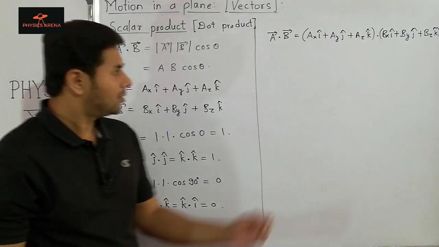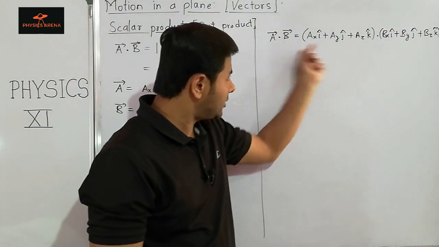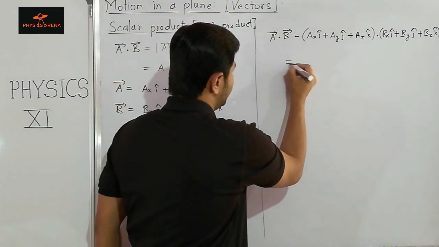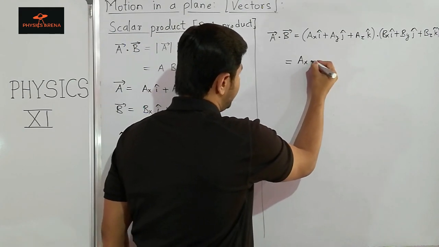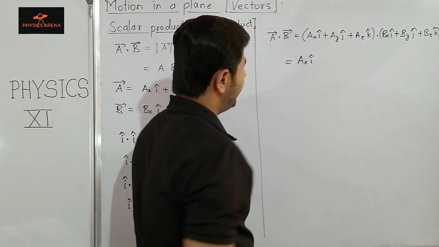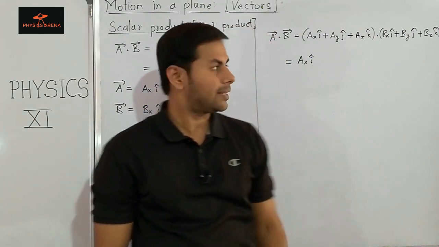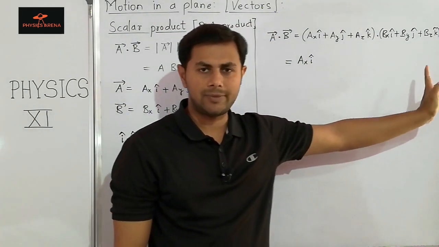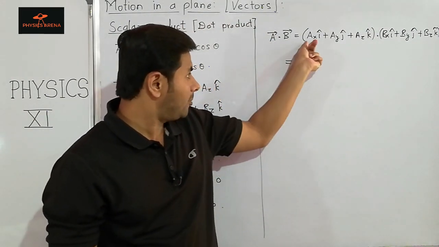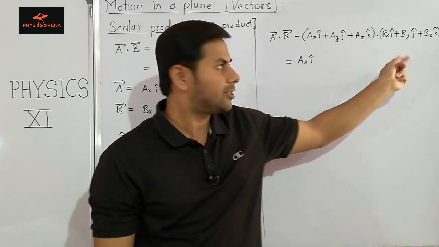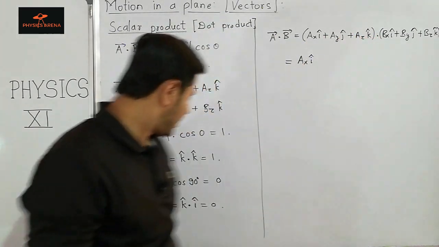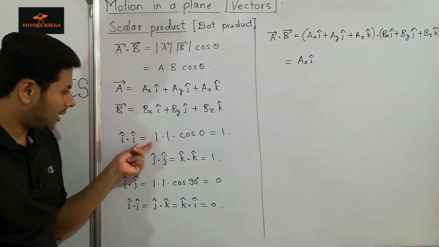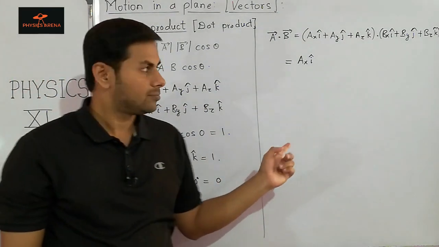Okay, now let's multiply it out. So we have this ax into i cap multiplied by that bx into i cap plus by into j cap plus bz into k cap. So it will be ax bx multiplied by i dot i, and we found that i dot i is equal to 1.